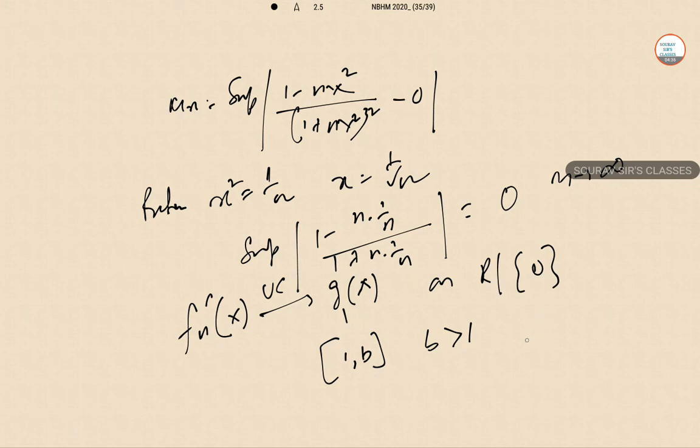So obviously option D is correct for this, and options A, B, D are true. Option C is false actually.